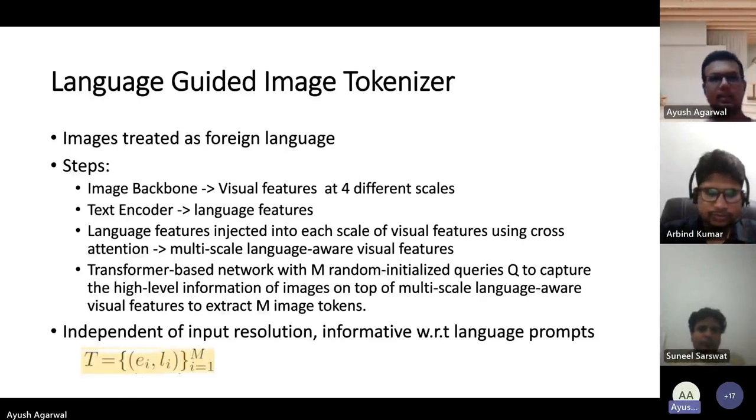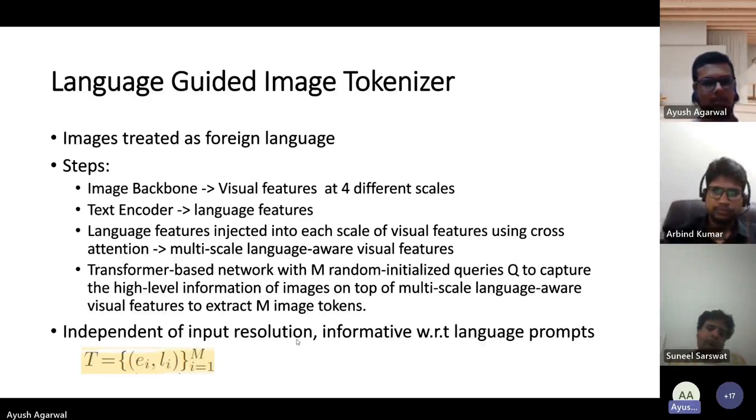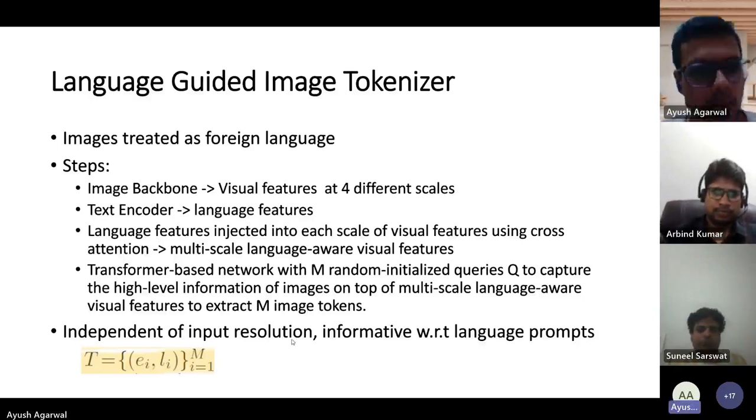The second contribution is the language guided image tokenizer. Essentially, they treat images as a foreign language. In this tokenizer, all in all, what is happening is that you pass an image and you get the tokens that are suitable to the LLM.